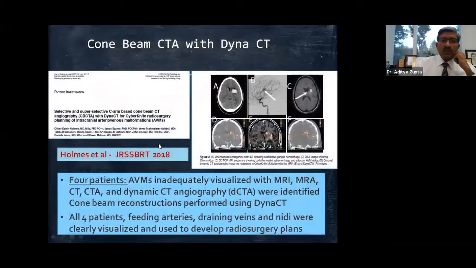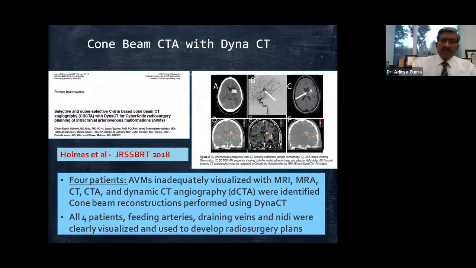And there is also a report by Holmes et al. in 2018, in which actually they described 4 patients in whom the AVM could only be visualized by this fine cone beam CT angiography, and these 4 AVMs were inadequately visualized by either MRI, MR angiography, CT, or CT angiography.